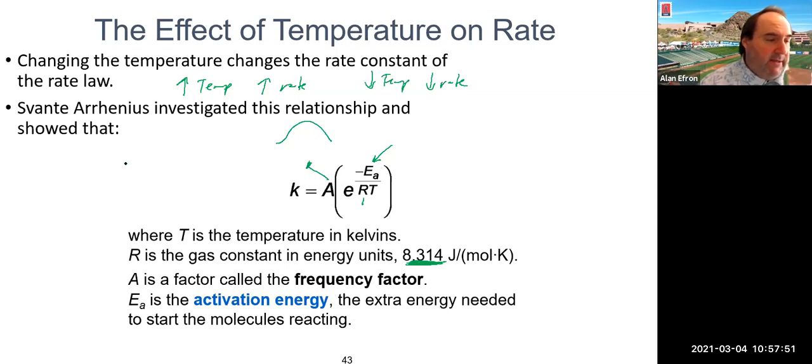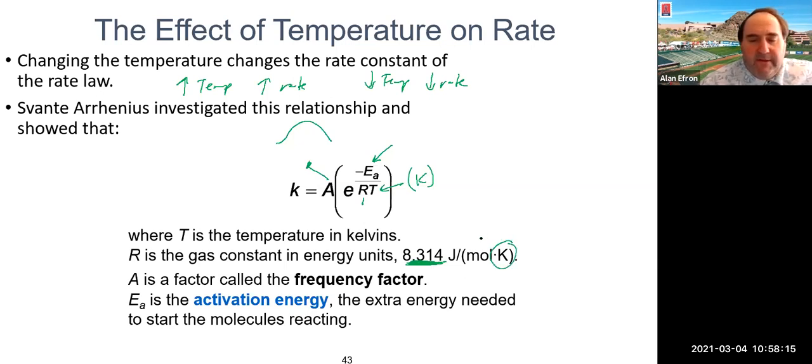It is the one that we use when we're talking about energy, so it is the 8.314 version of the gas constant. T is our temperature, and much like everything in chemistry, should be in Kelvin in this particular case, so that everything cancels out, because we have Kelvin in our gas constant.